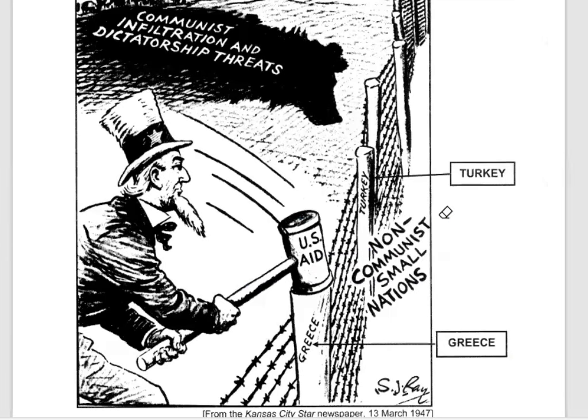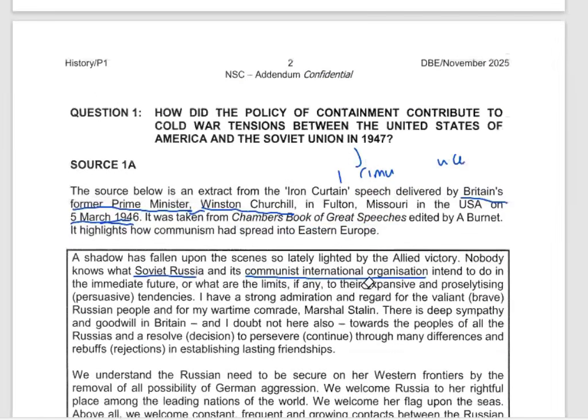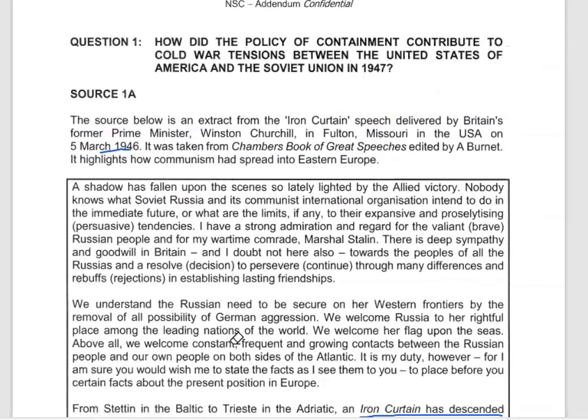If we check in our first source, it is talking about, on the first part, that nobody knows what Soviet Russia and its communist international ideology intend to do in the immediate future with their expansive, proselytizing or persuasive tendencies.